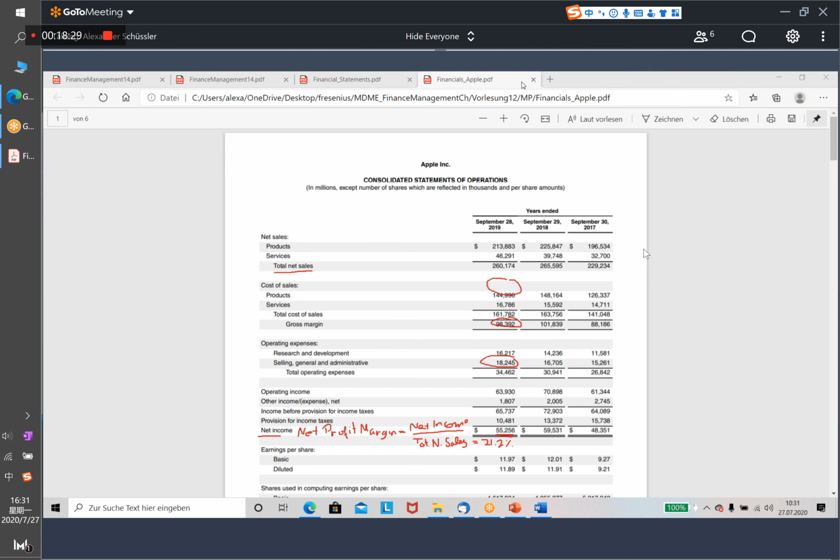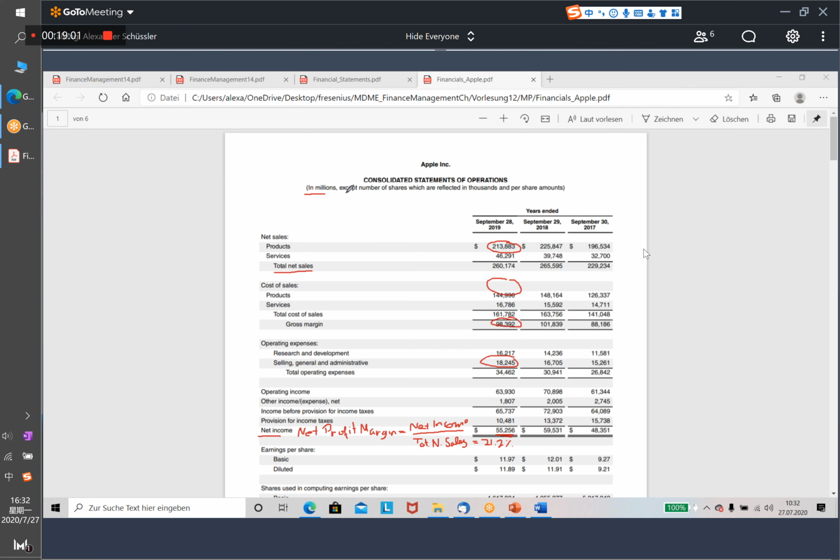Here you see that generally all the numbers are in millions. For example, this is in millions, 213,000 million, so this is 213 billion in total.